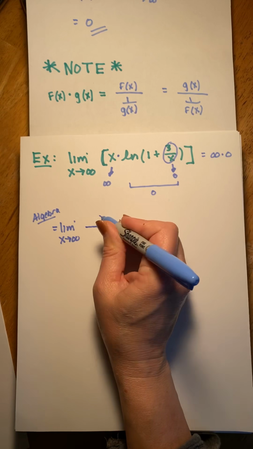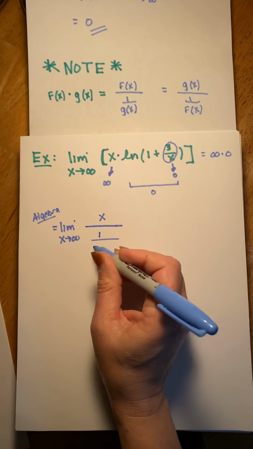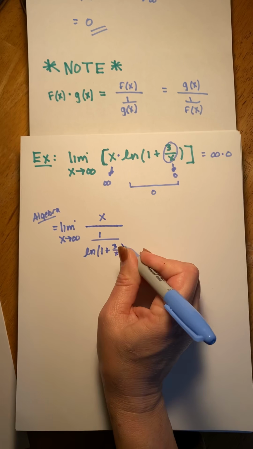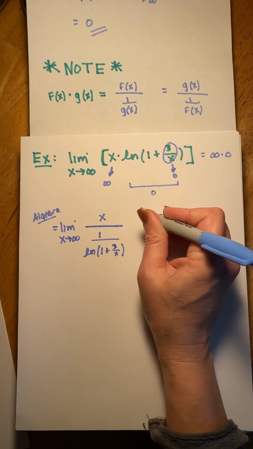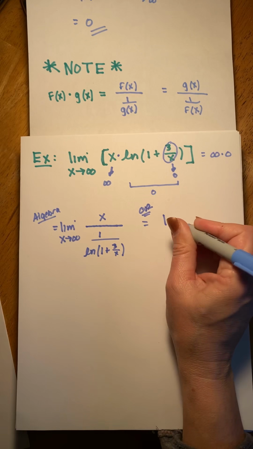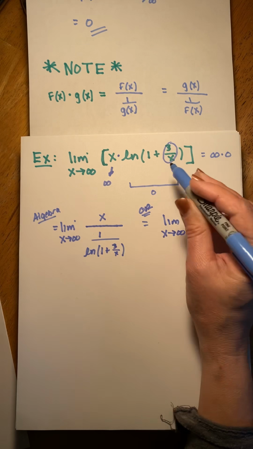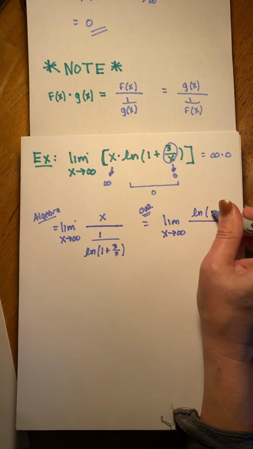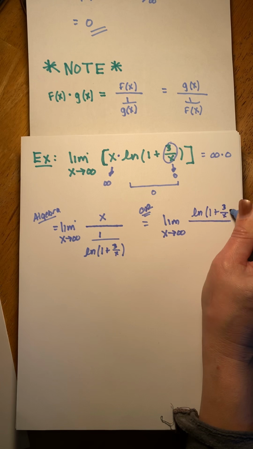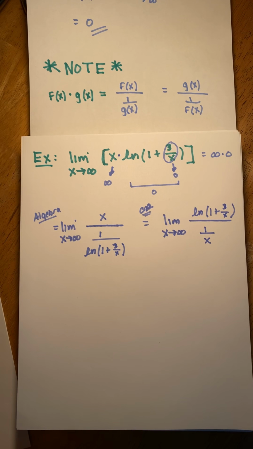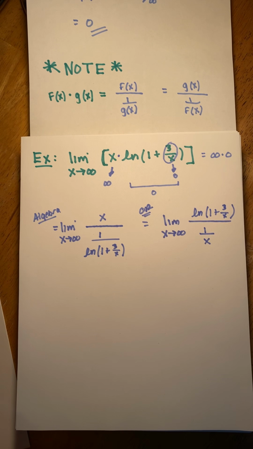So I can either leave the x on top and do 1 over the natural log of 1 plus 3 over x, or I can leave the second function, the natural log of 1 plus 3 over x, and put 1 over the other function in the denominator. Now, either one of these is going to produce the same result. We just have to decide which one we want to work with.